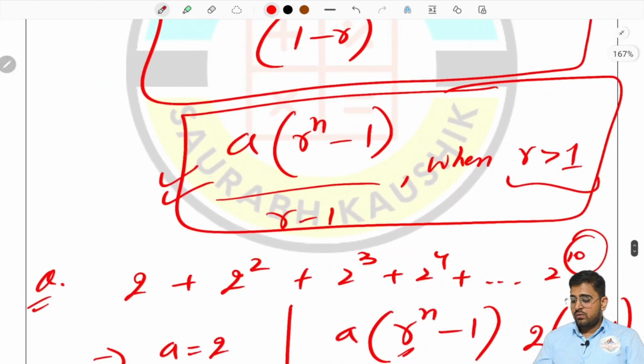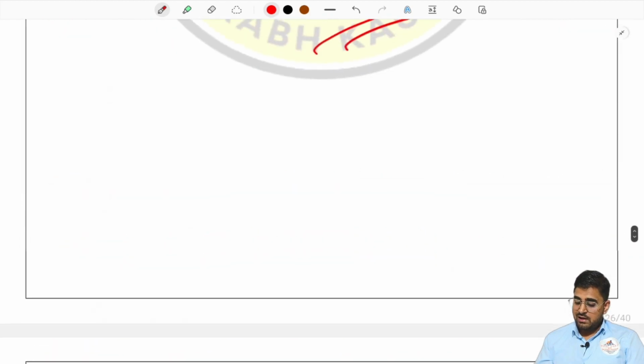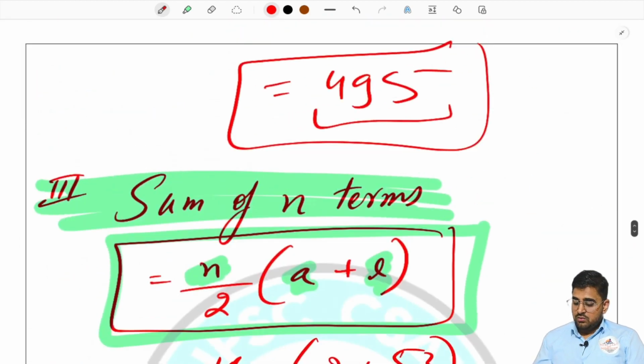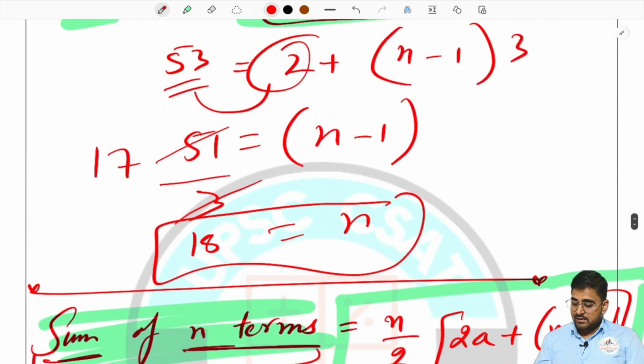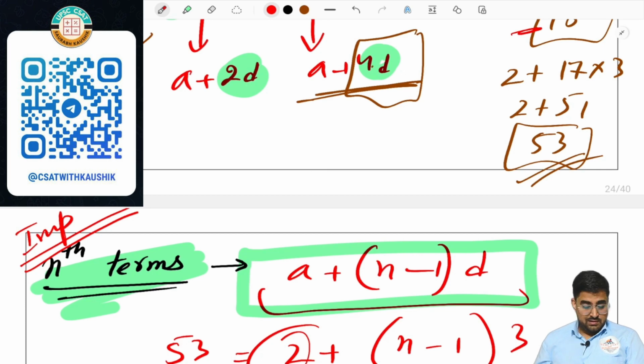That's how you are going to calculate the GP. So we have discussed a very important topic at the end of the lecture, AP and GP. Let us end today, and we will continue with questions in the next class and do the previous year questions also.